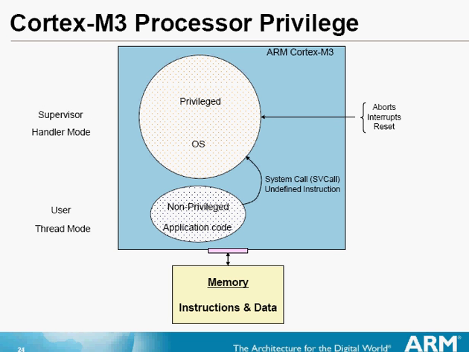This is how the whole ARM outlook of ARM processor works. It works in two modes: one is privilege mode, another is non-privilege mode. This is based on the Cortex M3, which supports two operating modes.